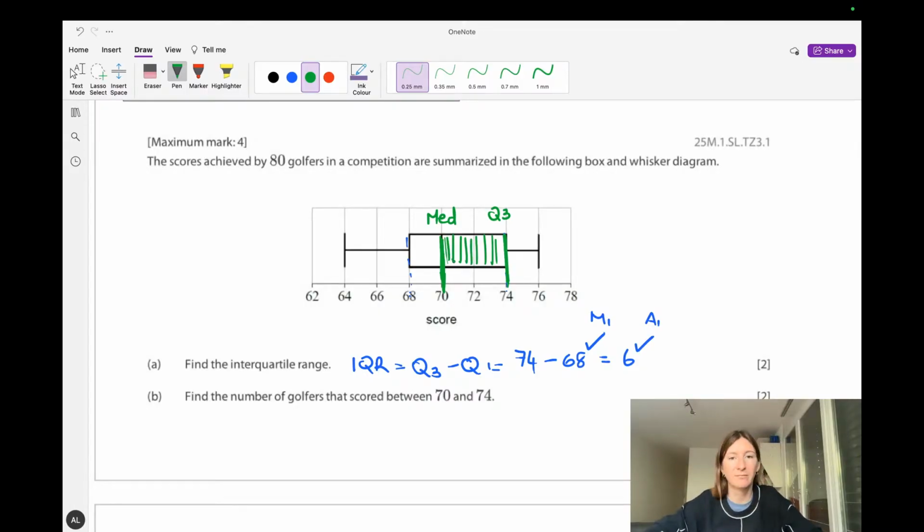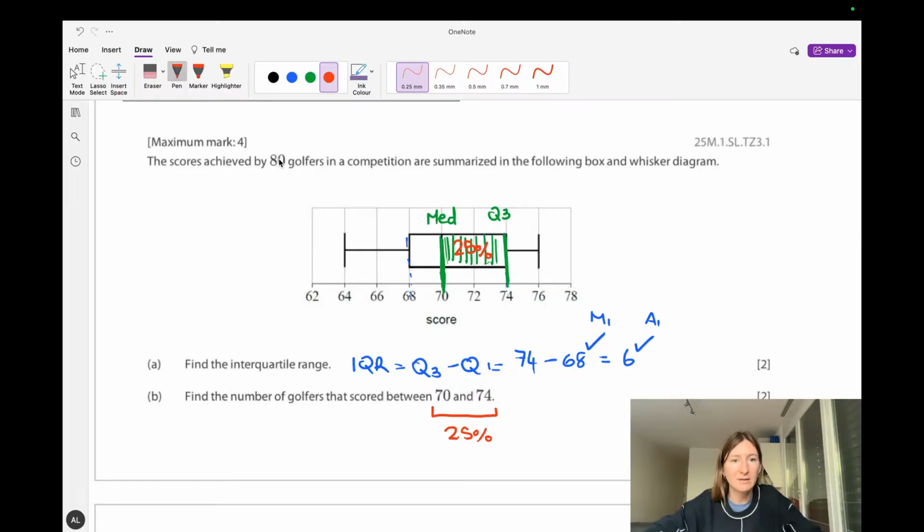Anyone? What percentage of the data lies between the median and quartile 3? Exactly, 25%. Nice. So 25% of the data is lying between 70 and 74.